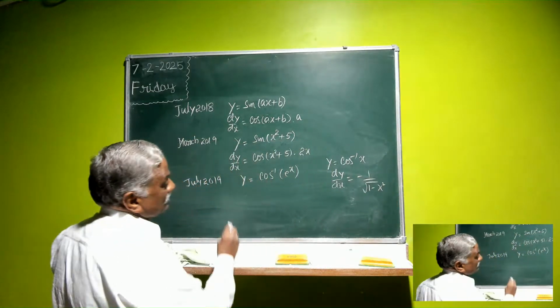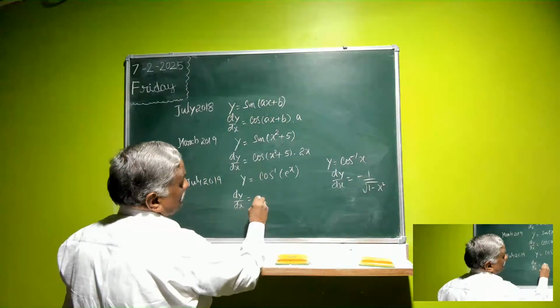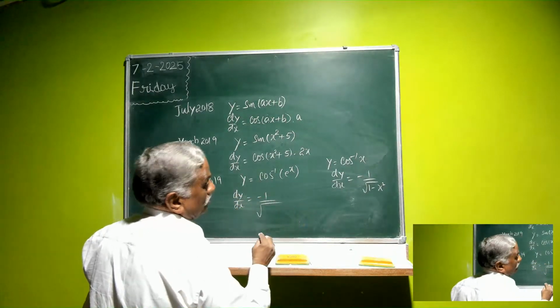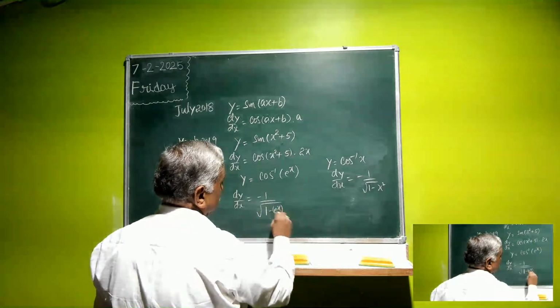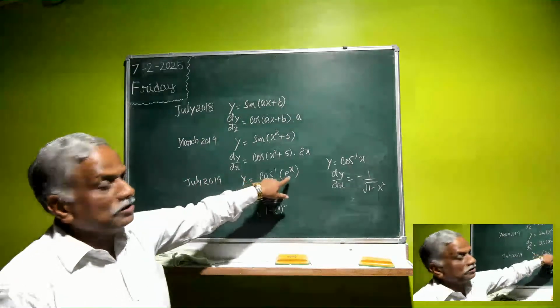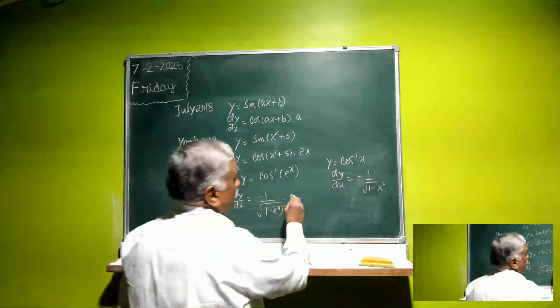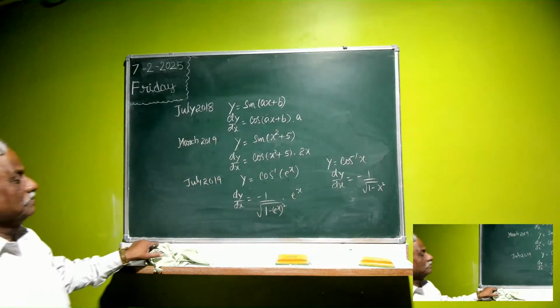So in this case if you apply that formula, minus 1 over root of 1 minus e power x whole square. So you differentiate cos inverse, then if you differentiate e power x, that is e power x. No need of simplifying, leave it like that.